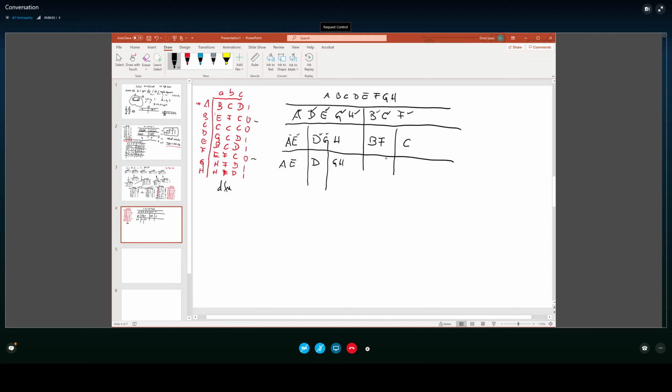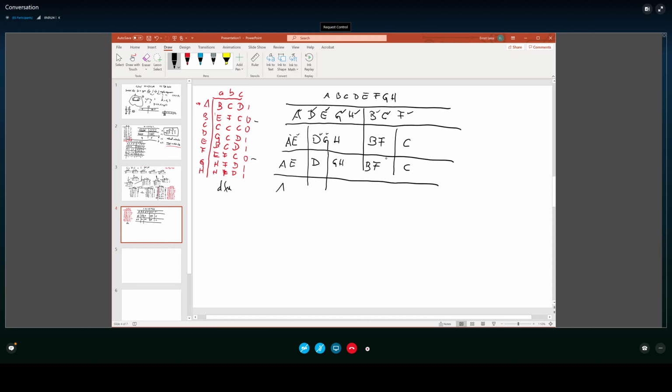And finally B, and try F, B and F. Well, you can see that B and F under A is E, B and F under B is F, B and F under C is C, so B and F stay together. And now we have to repeat that.